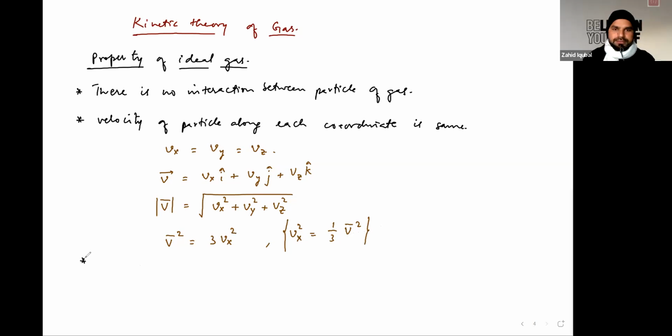Next is, each particle will act as a rigid sphere and makes collision with the wall of the container or with a neighboring particle. It will always be elastic in nature. So each particle acts as a rigid sphere.